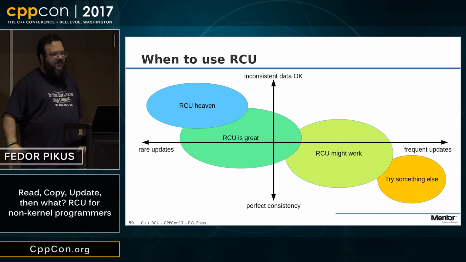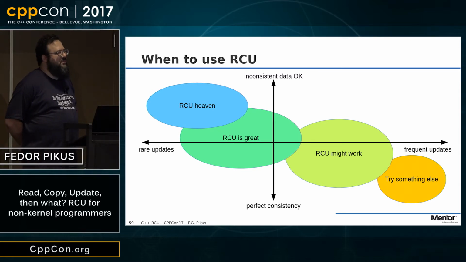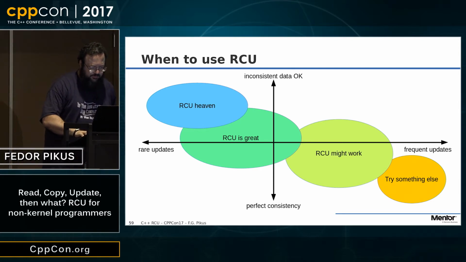If you need perfect consistency and updates are hammering your system all the time, it's not going to work. Somewhere in the middle, it's going to slowly lose efficiency, as I have shown you on these plots, and the ones optimized to sustain higher write speeds will lose efficiency, not quite as badly as the ones that are not. So it affects the choice of your RCU algorithm.